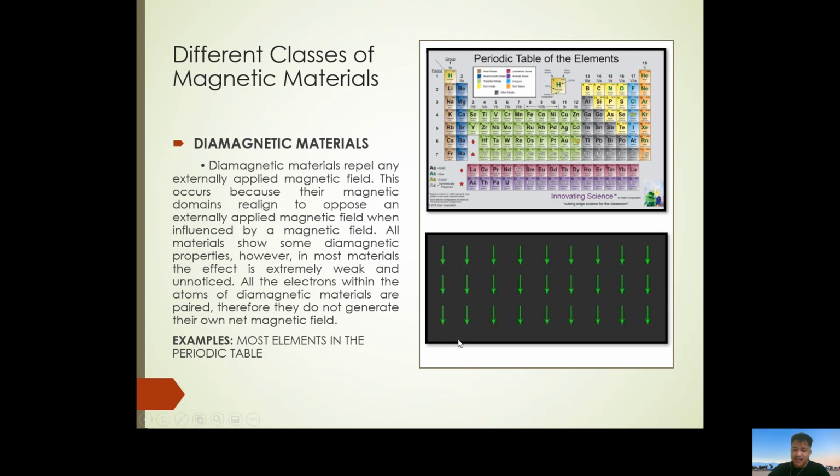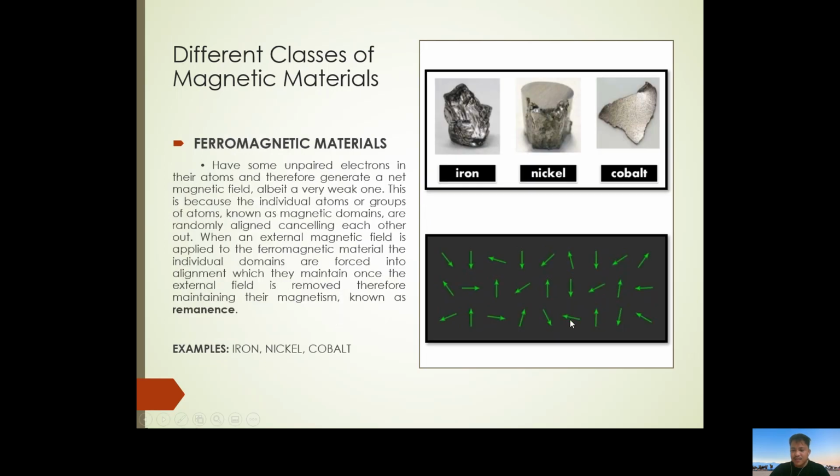Okay, so the image of the atoms inside it is having this reaction. Just for you to remember, these arrows are all facing down. This one has an unknown pattern.